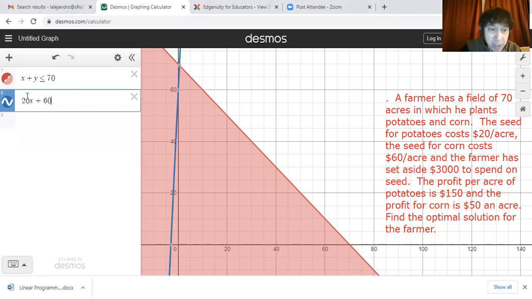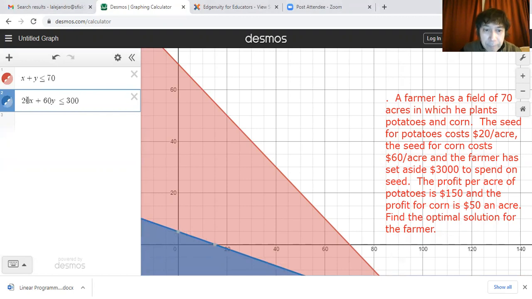So this will be 60 per acre times the amount of acres for corn. Okay, and this will be in amount which is 3,000. So this cannot be exceeding 3,000. There.